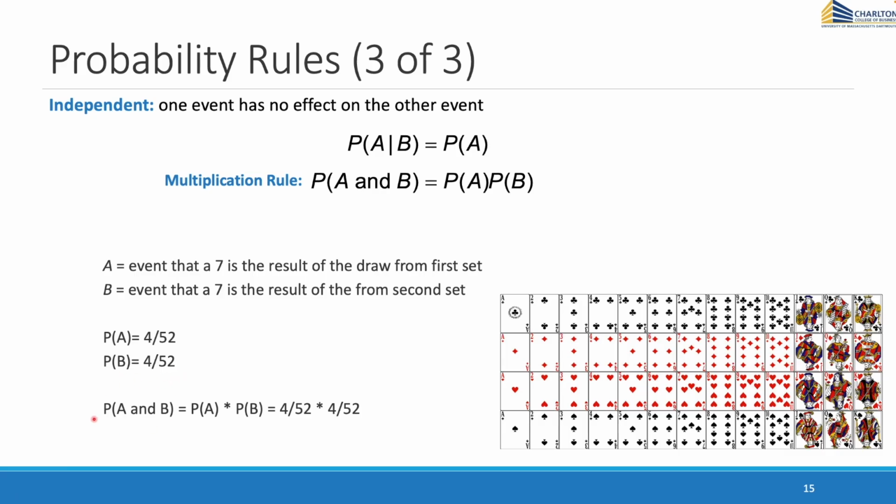Now we can calculate the joint probability by using the multiplication rule, assuming that drawing a 7 from the two decks are independent of each other. That allows us to calculate the joint probability simply by multiplying the independent probabilities.